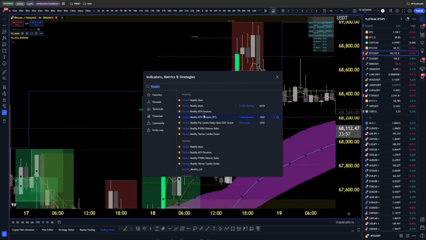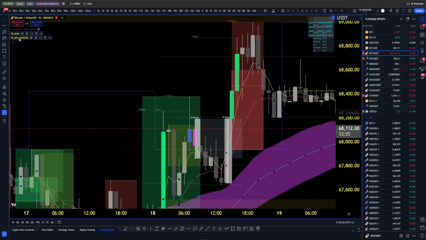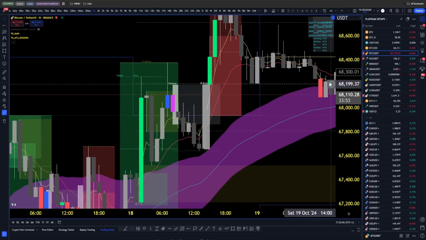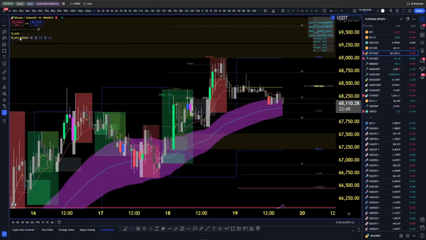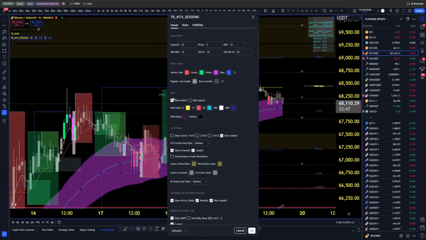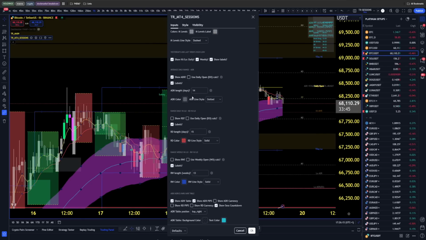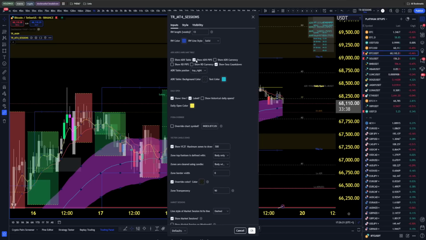On top of that, it will also reactivate the settings of the hybrid system. So you want to go back into that, go to the settings and deactivate absolutely everything. You don't need it twice. Just get rid of absolutely everything, because you've already got it on the hybrid system Traders Reality main.